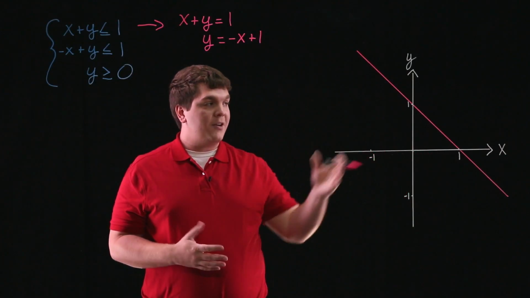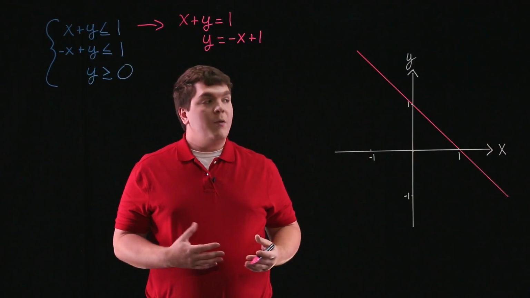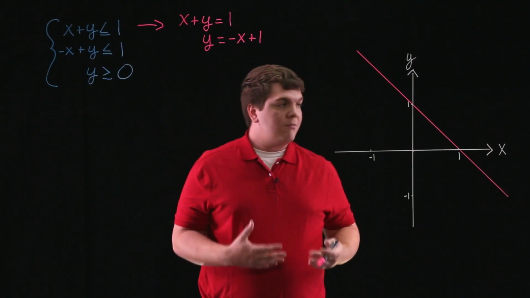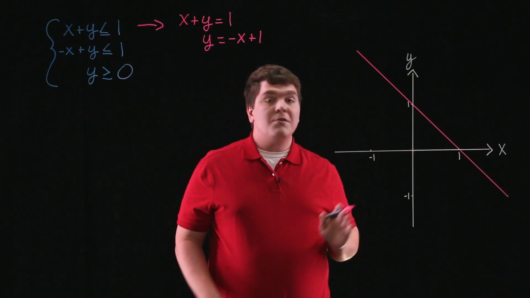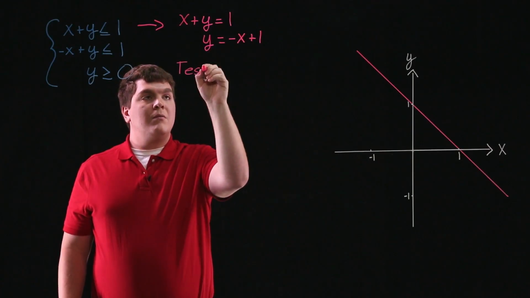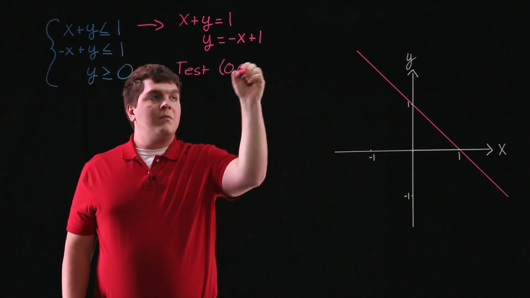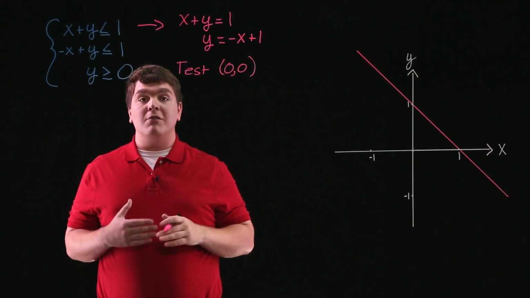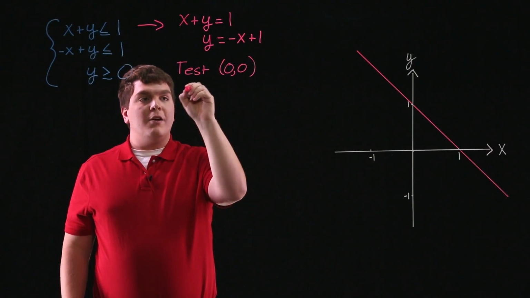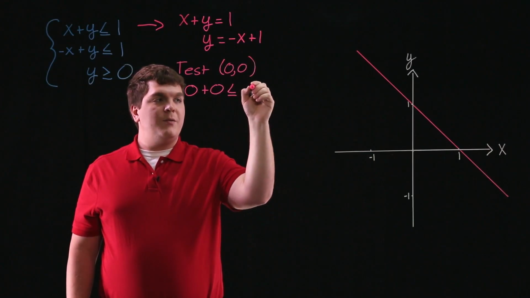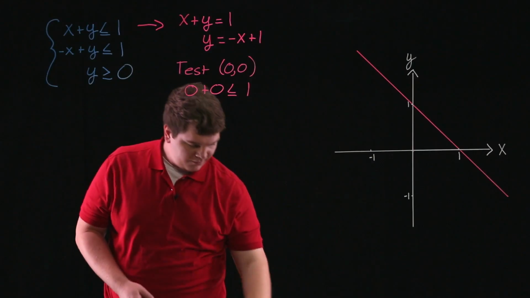Now that this line has separated our plane into two regions, we want to determine which side of this line we should shade. So let's begin by choosing a test point. Let's use the origin, (0, 0). If I substitute (0, 0) into the original inequality, we want to know, is 0 plus 0 less than or equal to 1?